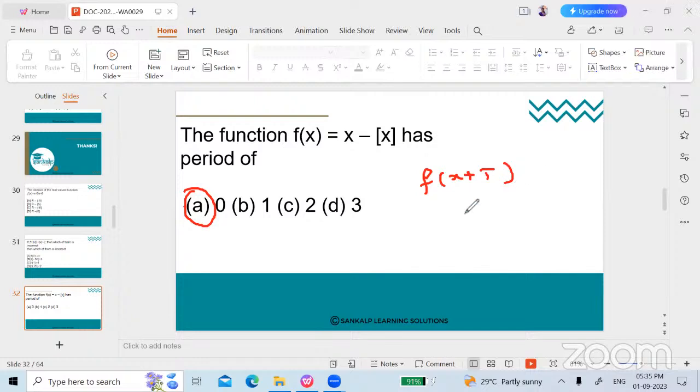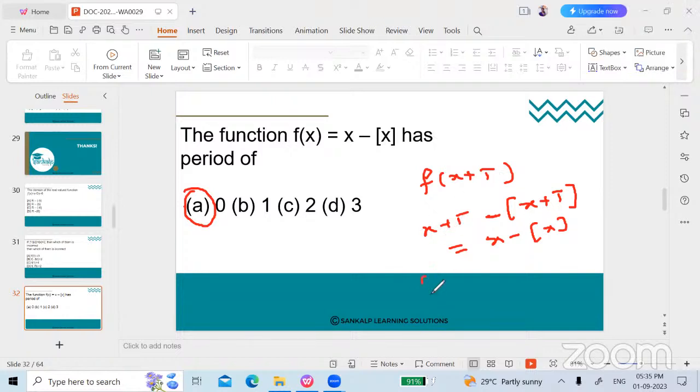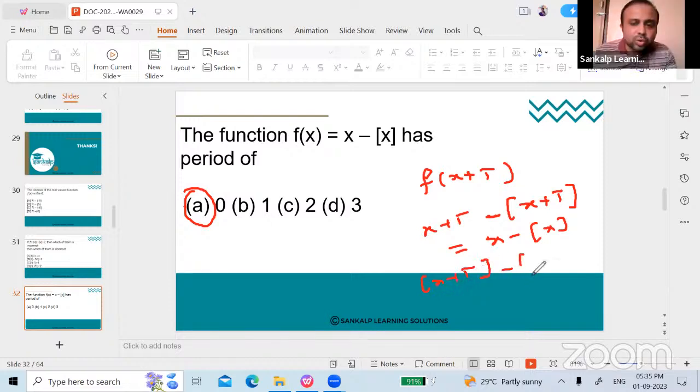So it is x plus T minus the closure of x plus T in the brackets, which will give x minus the closure of x, meaning itself. f of x is taken as x plus T, where T is the period.